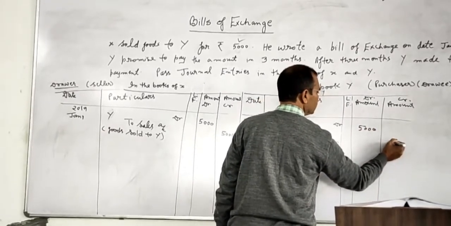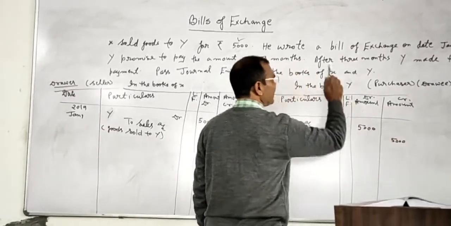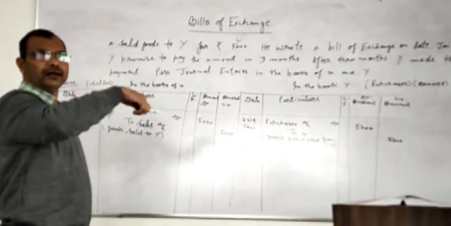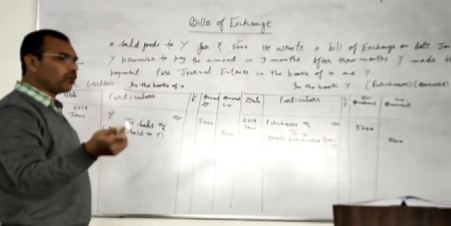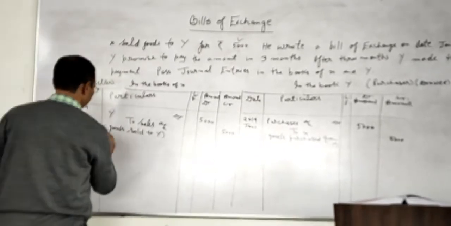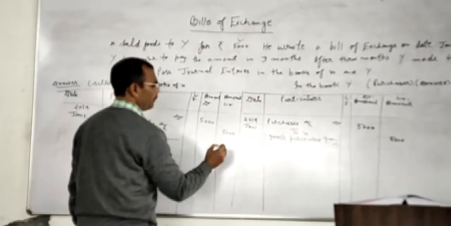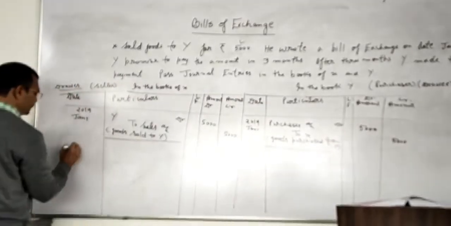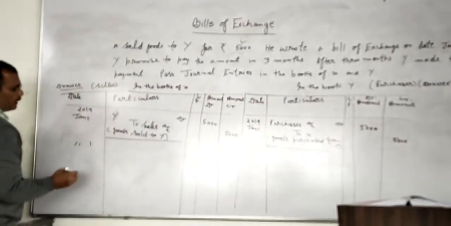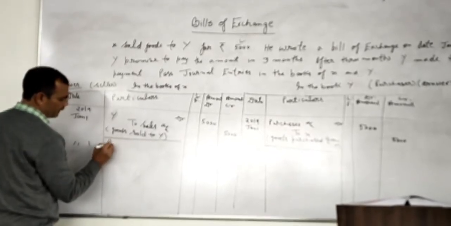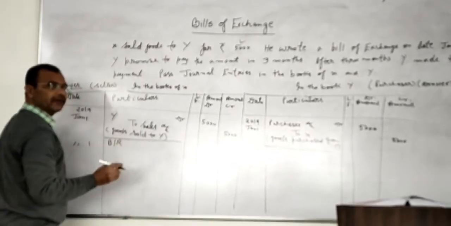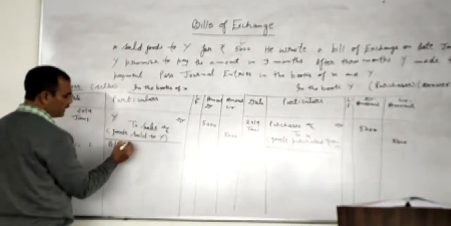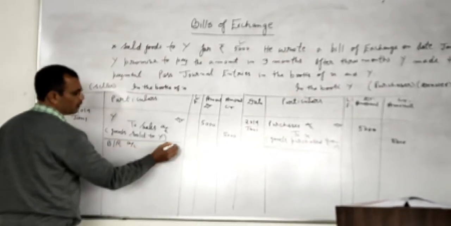After doing this, X is writing the bill on Y. What would be the entry? You will have to learn this entry. The date will be the same, and this entry is very important. You will find it in each and every question of bills of exchange. So you will learn this entry. BR account debit.